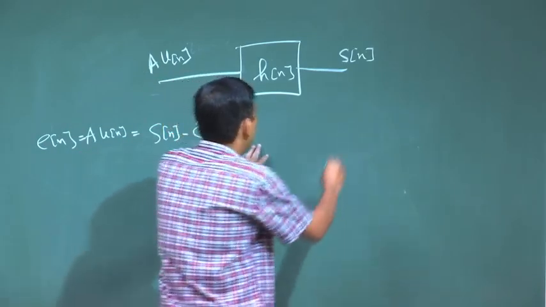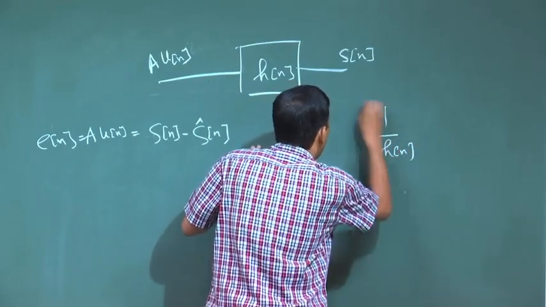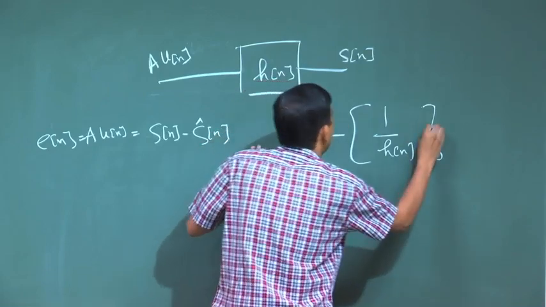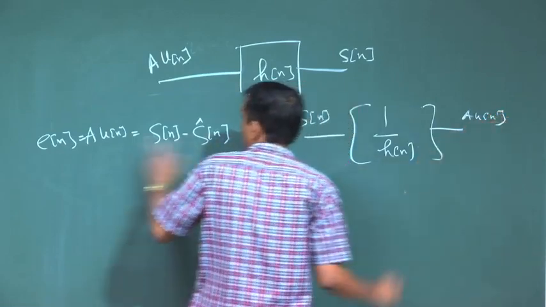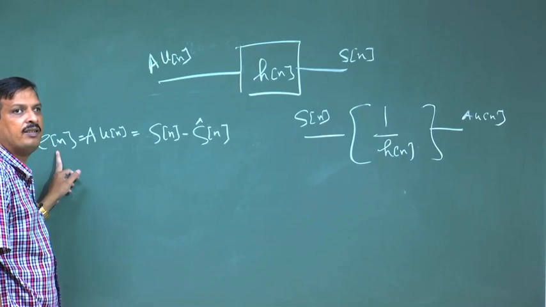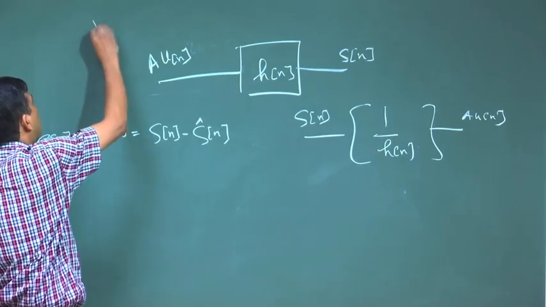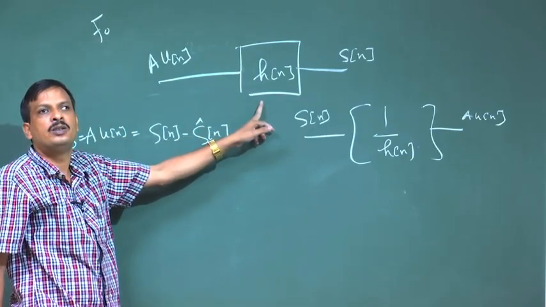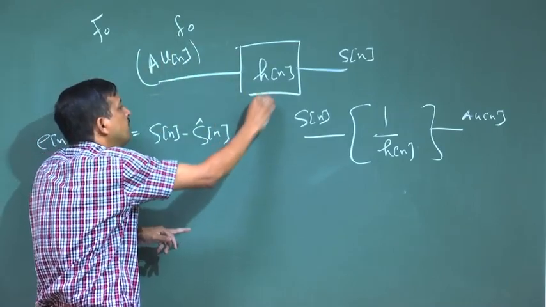I can say that I have designed 1/H(n) and I pass the signal s(n), and I get u(n), which is the LPC prediction error. Okay. Now, if you remember, the F0 is part of the excitation, not the vocal tract. So, F0 information is here, not in here.